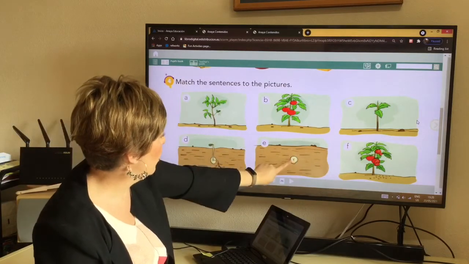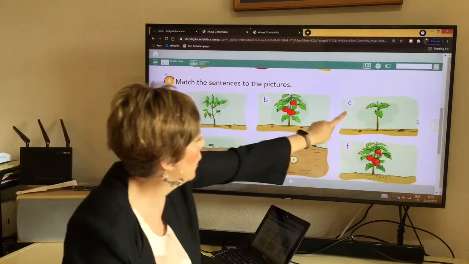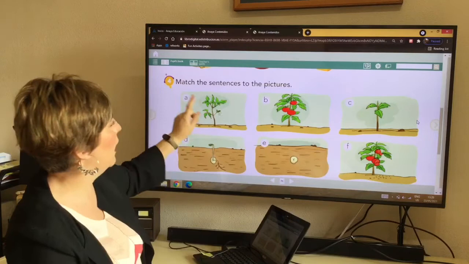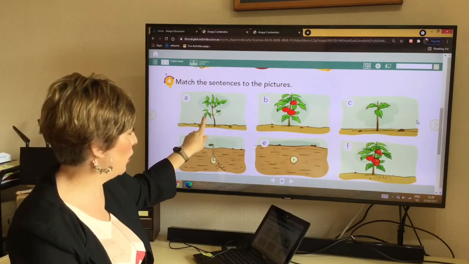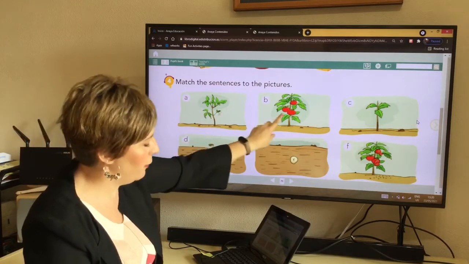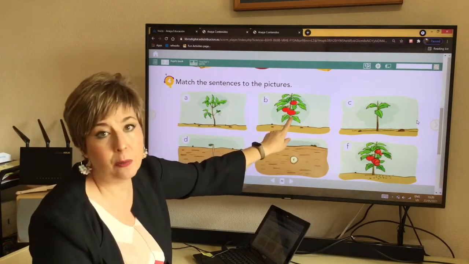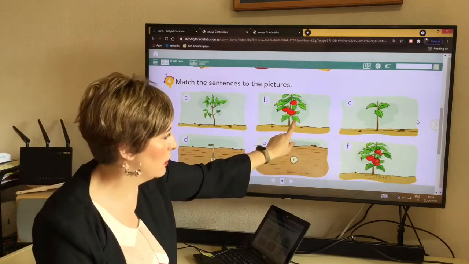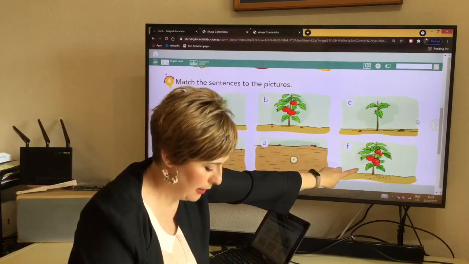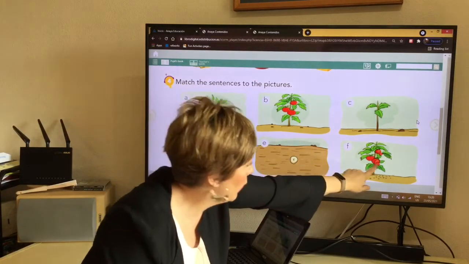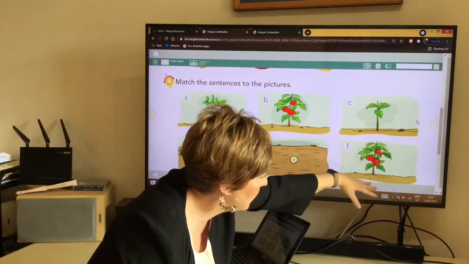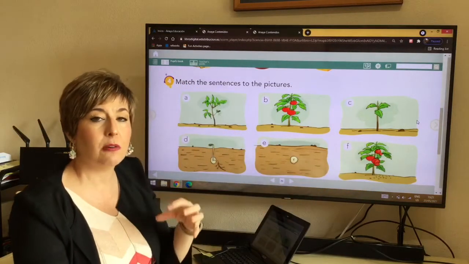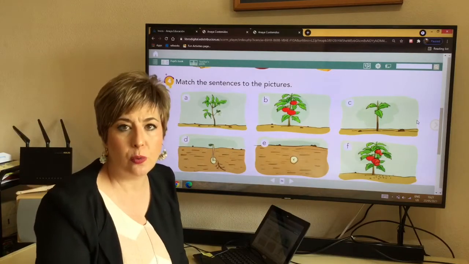So we have 1, 2, 3. Then we have 4, which is the flowers grow. 5, the flowers produce fruit. And 6, the fruits open or the fruits fall onto the ground and the seeds fall onto the ground and produce new plants.